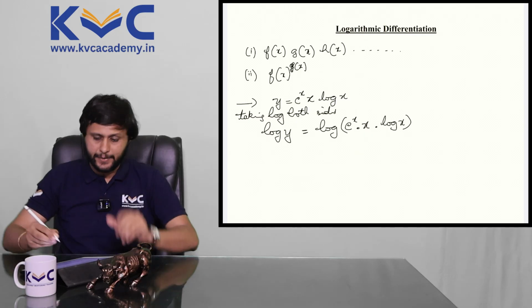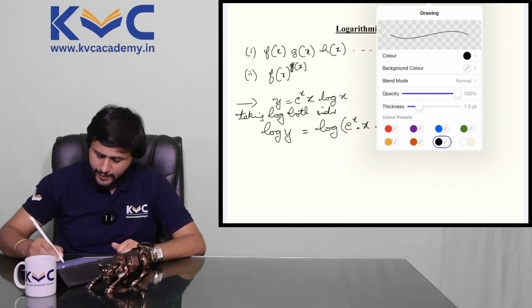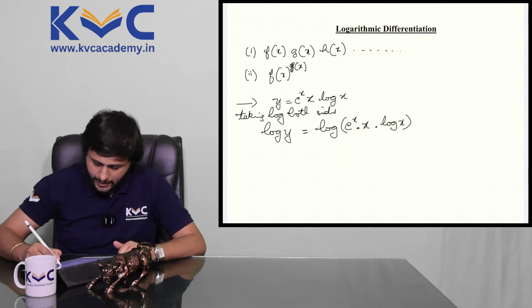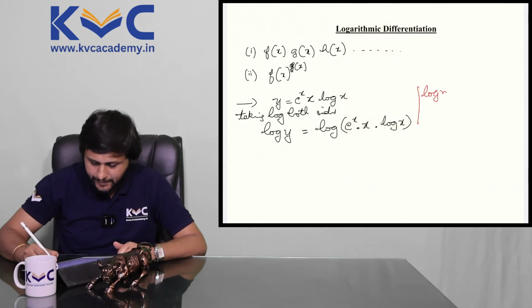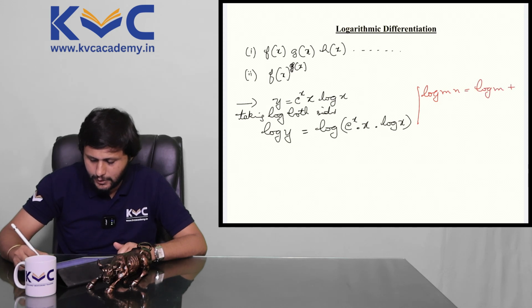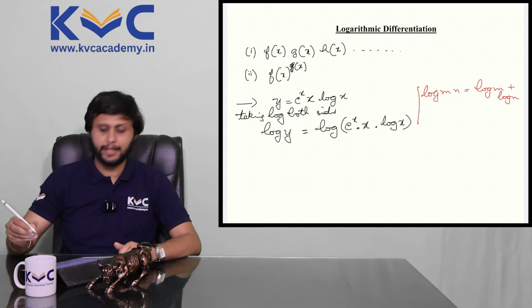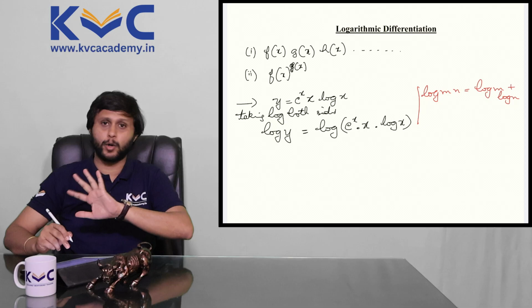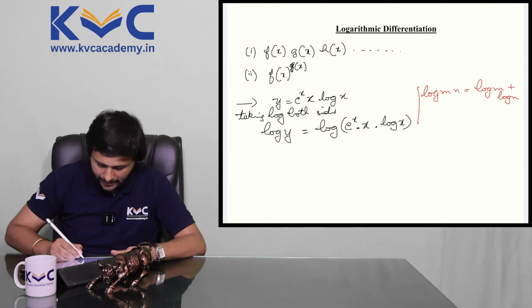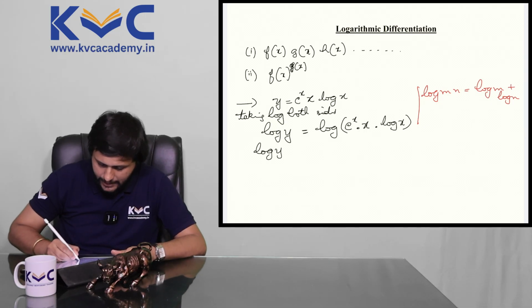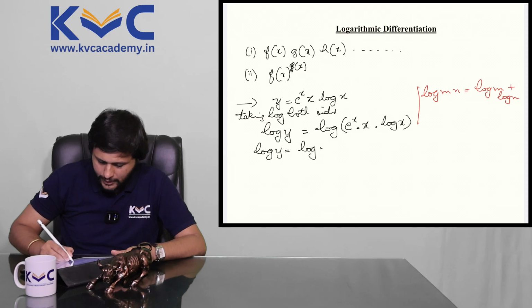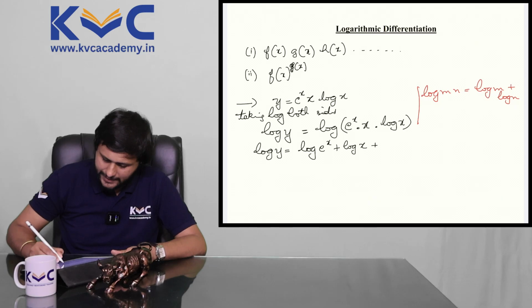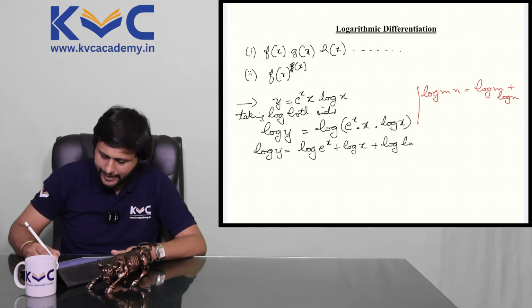Now in the log chapter I have told you, if you recall, the logarithm of mn is equal to log m plus log n. Correct? So I can expand this. Now see, differentiation I have not yet started. It is just logarithm for the time being. We have log y equal to log x plus log e to the power x plus log of log x.